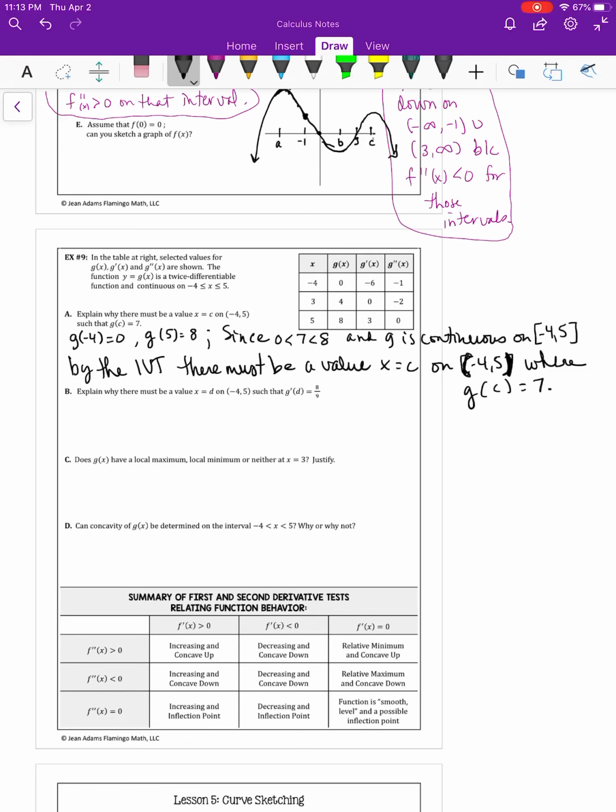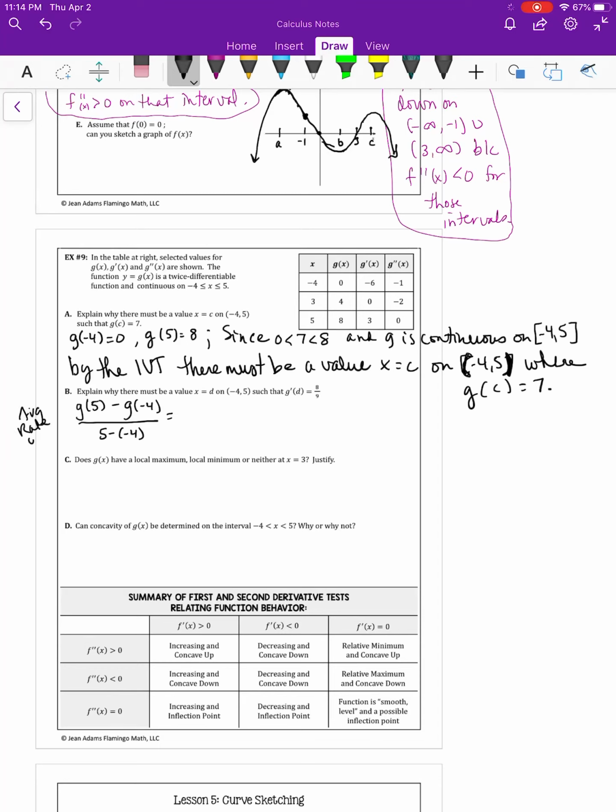Explain why there must be a value of x equals d on -4, 5 such that g prime of d is 8/9. Okay, now we want to talk about the mean value theorem. So, we're going to calculate g of 5 minus g of -4 divided by 5 minus -4.